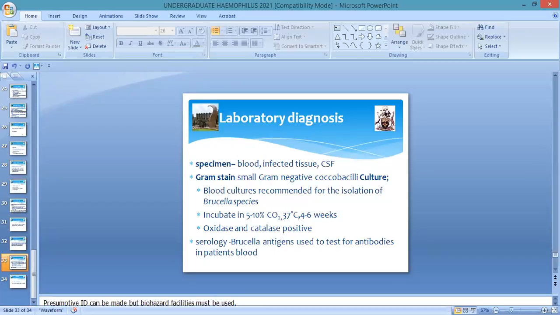Because of the complications in terms of culture, the majority of diagnostic labs will rely on serological tests, where they detect Brucella antigen from the patient's blood. So you test for antibodies from this specimen.